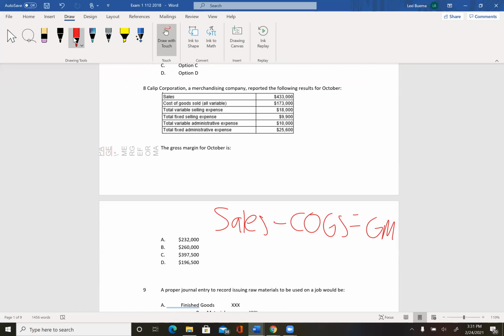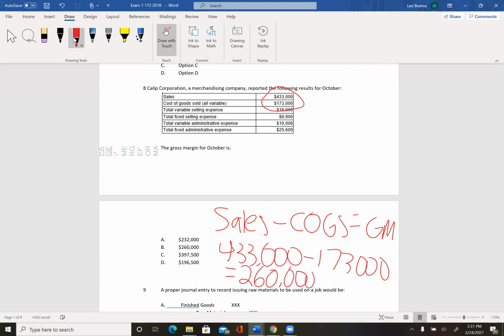Your sales are 433,000, and your cost of goods sold is 173,000, and those are both given right here. So that leaves your gross margin to be 260,000. So that is choice B.